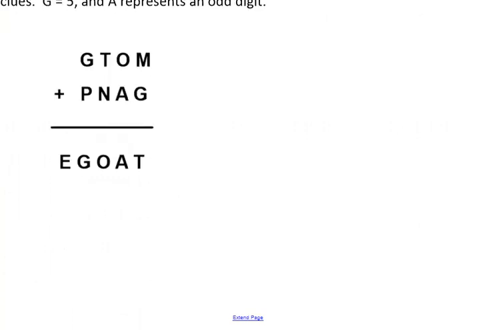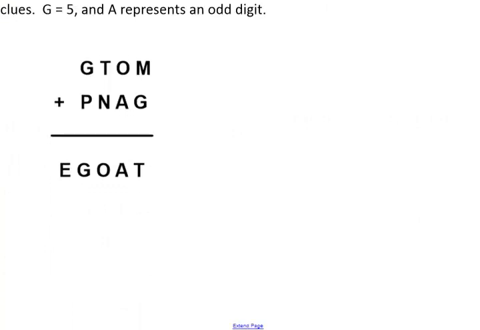Okay, so here I wrote down the cryptarithmetic problem. I'm going to first write down what we know. Actually, the first thing I'm going to do is write down all the digits: 0, 1, 2, 3, 4, 5, 6, 7, 8, and 9. We're going to cross them off as we use them.